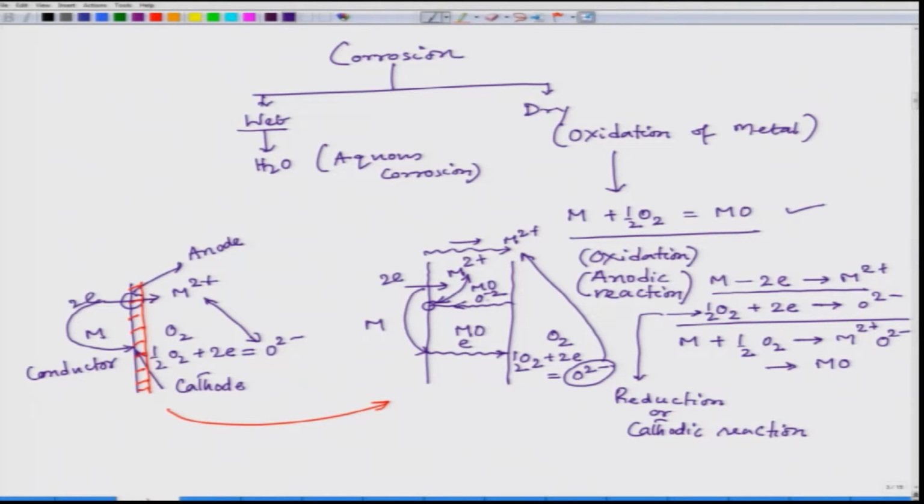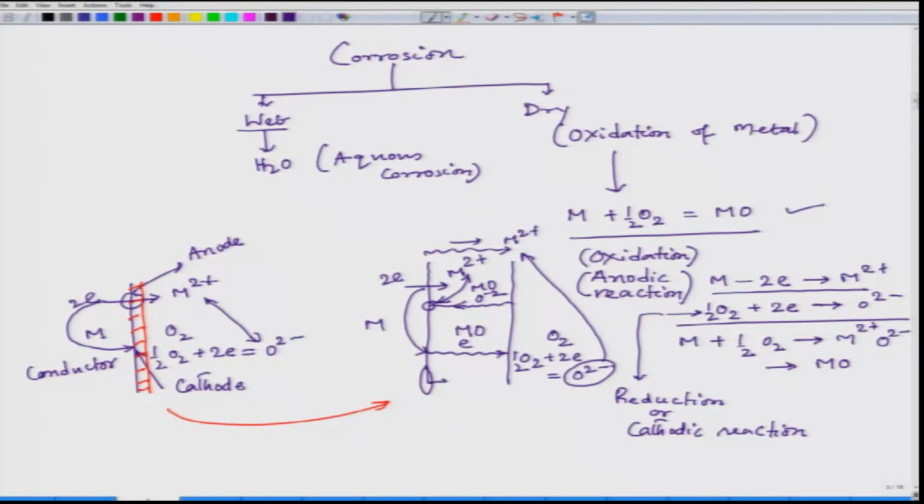In the case where the oxygen ion goes through the metal oxide and reaches the metal surface, at the interface of metal and metal oxide further oxide molecules form. In that case, the oxide growth is taking place at the metal and metal oxide interface.